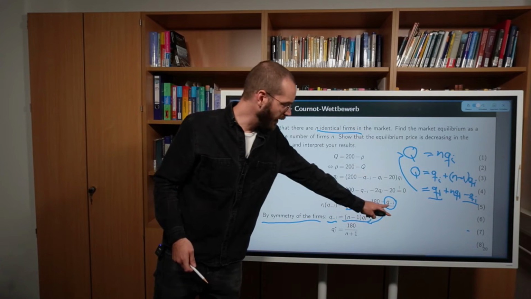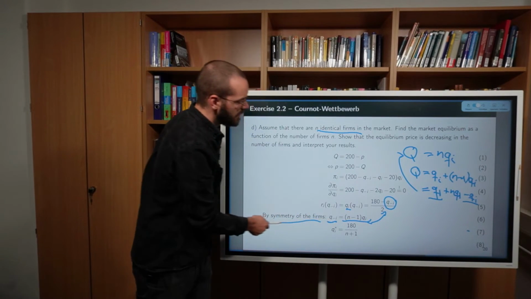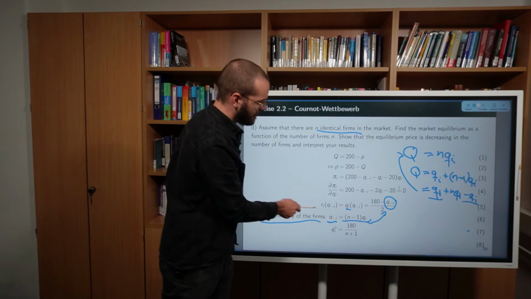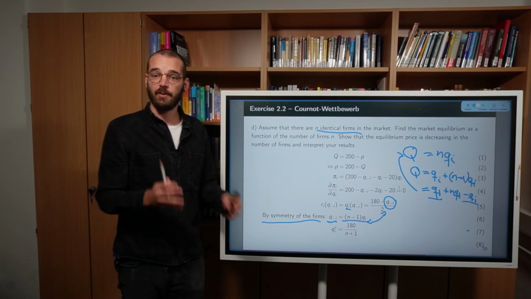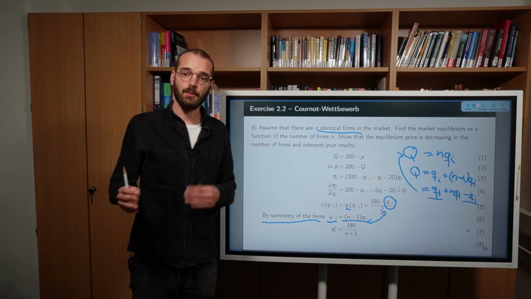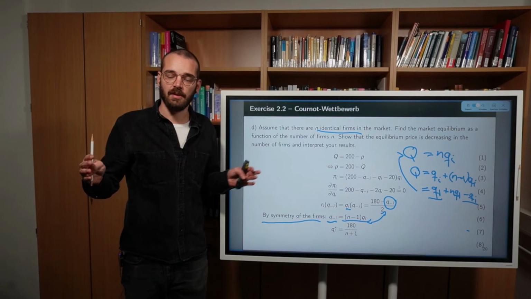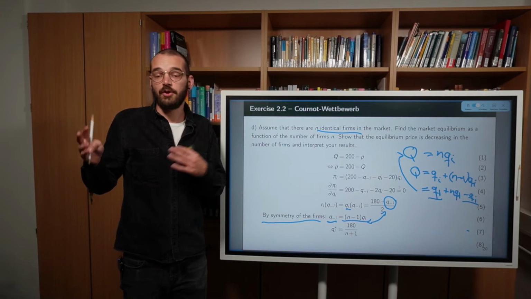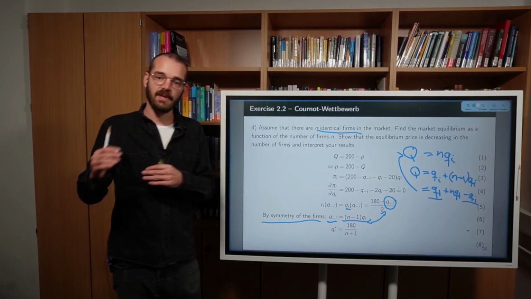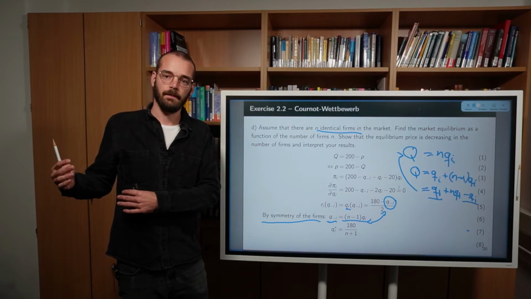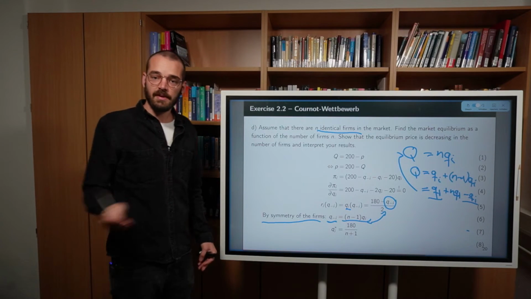By substituting away Q minus i using this expression that we derived by symmetry, we can once again find a profit maximizing quantity that is no longer a function of the quantity of all other firms, but instead we have Qi equals some expression that only contains Qi. Okay, again, this expression, of course, we can solve it. There's only one equation.